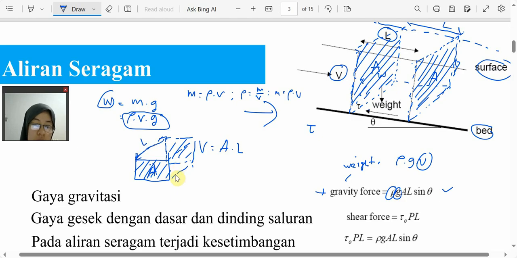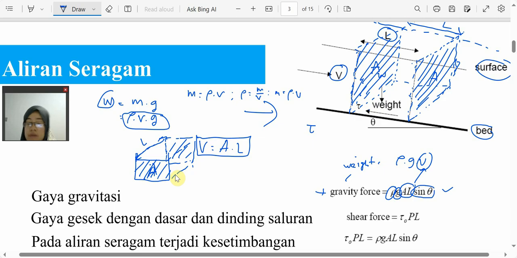So I simply calculate A times L, which is equal to the volume of this particular water.